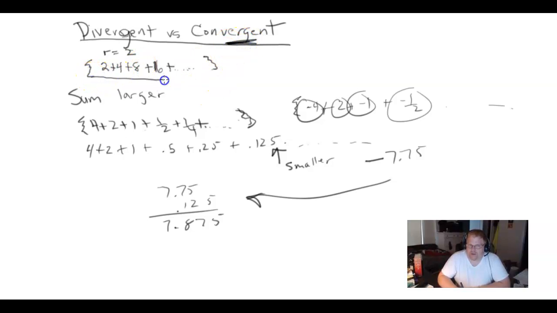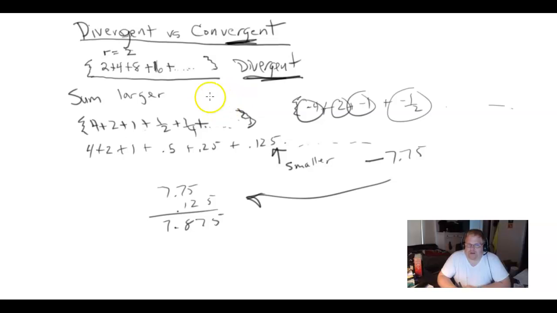Whereas with divergent, the first example I gave, there's no limit to how big this sum is getting. Again, if these were negatives, it'd be a really large negative, and a really large positive, depending on whether I have pluses and minuses. So that's divergent.